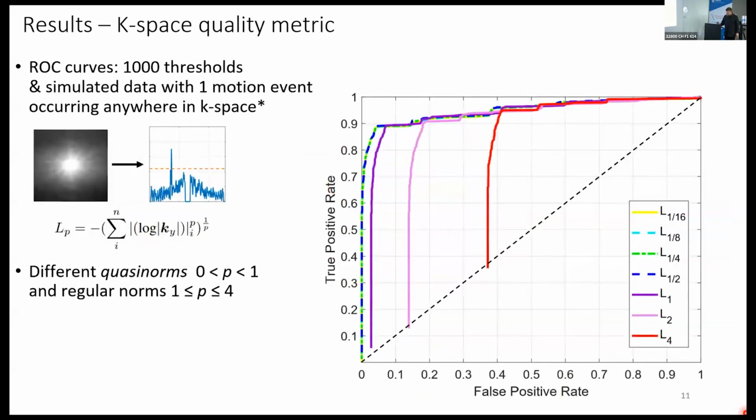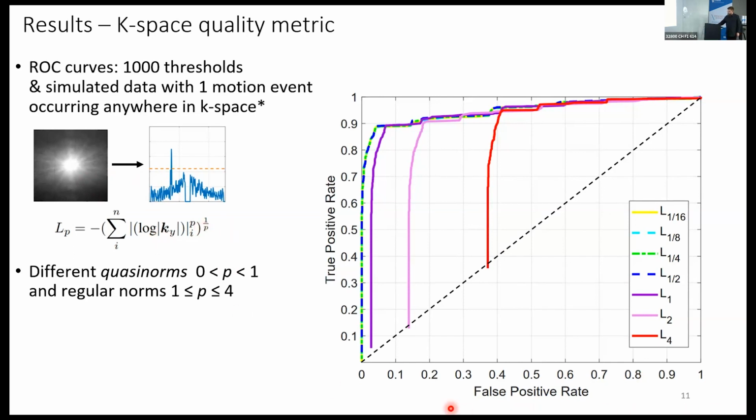And now let us have a look at the results. As we mentioned, we have this K-space quality metric, and what we wanted to do was to determine the optimal threshold and the optimal P-norm value to use, if you remember the algorithm we mentioned before.